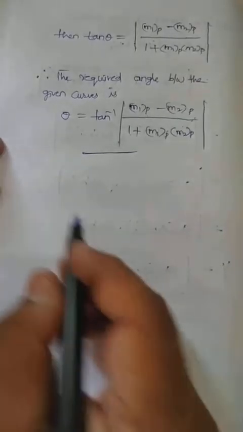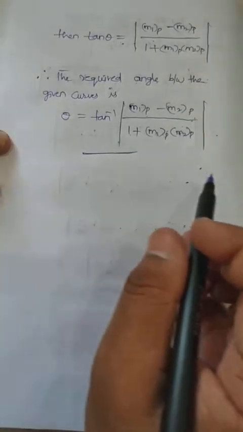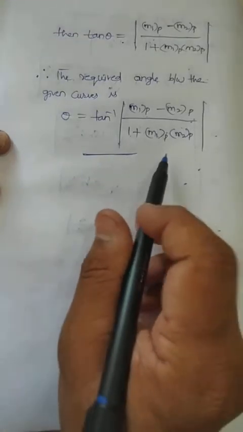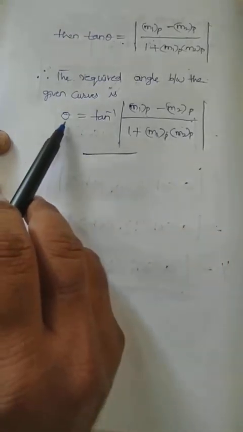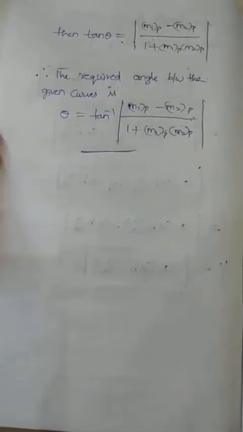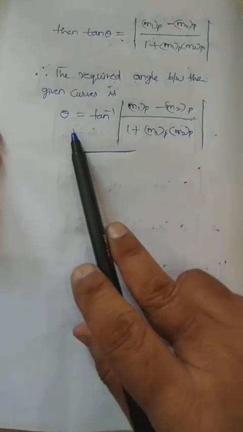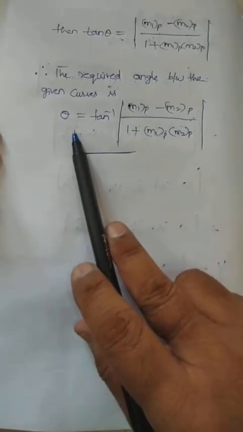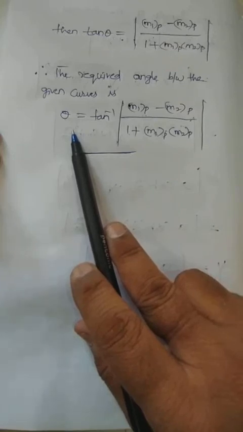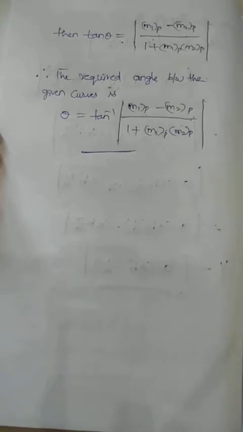Now we are making a note that whenever the angle between the given curves is 90 degrees, then we can say the curves are orthogonally intersecting. Whenever the angle between the two curves is 90 degrees, the conclusion is that the given curves are orthogonally intersecting.